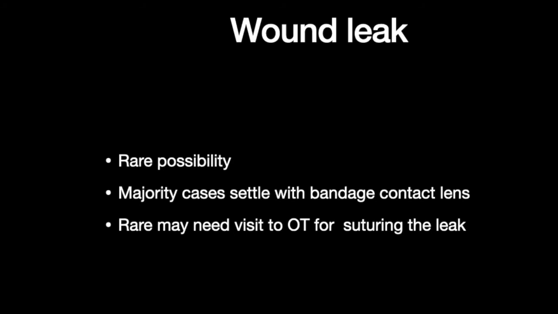So no further treatment would be necessary after that, and lens is removed once the leak gets sealed. But sometimes the leak doesn't get sealed, or if the leak is significant, then these patients may have to be taken into the operation theater, and that leak is then secured by taking a suture, and that solves the problem.